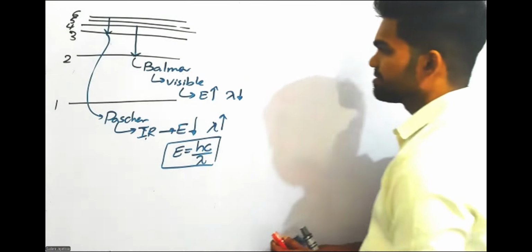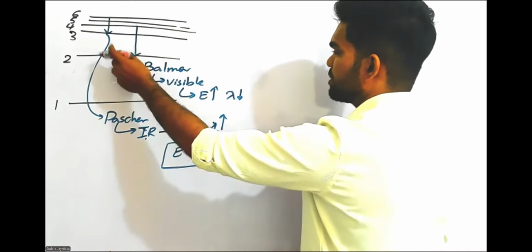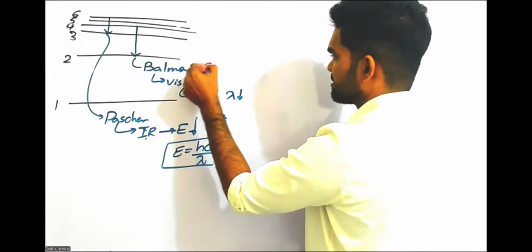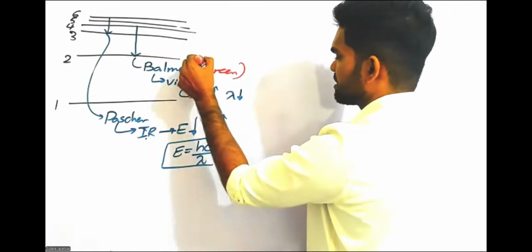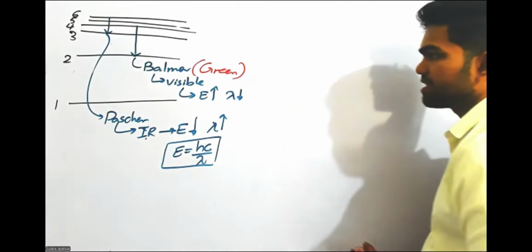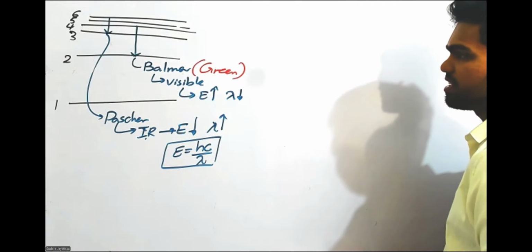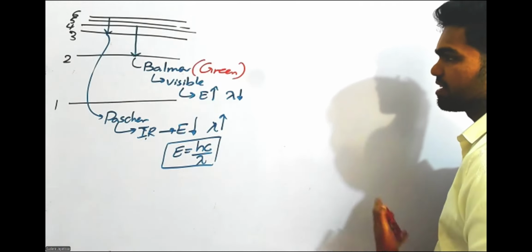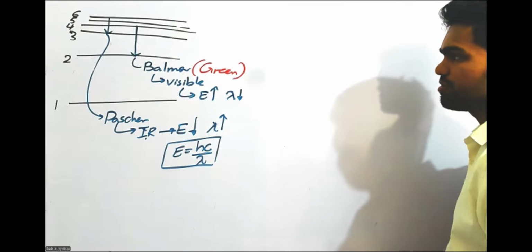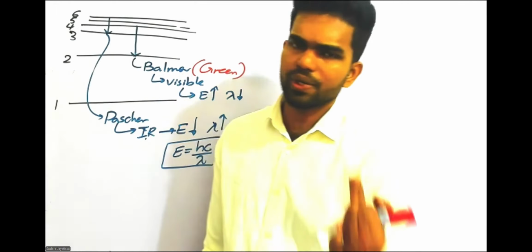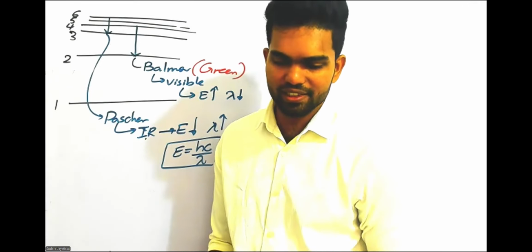And this visible region line 4 to 2 is green, because 3 to 2 is red. The first line is red, the second line is green (4 to 2), the third line 5 to 2 is blue, and 6 to 2 is violet. Remember the others also. When you are writing the name, you can add them too. That will be nice.